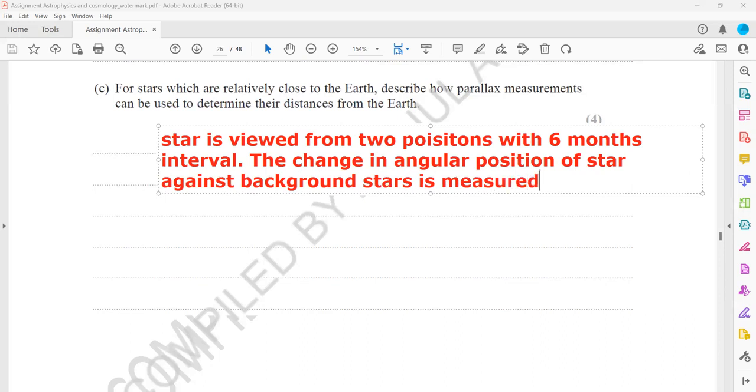Then trigonometry is used to calculate the distance to the star, and the diameter or radius of Earth's orbit is known.